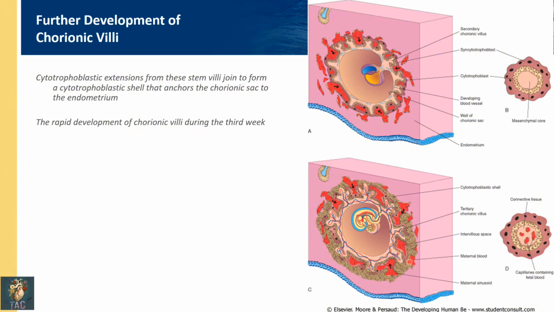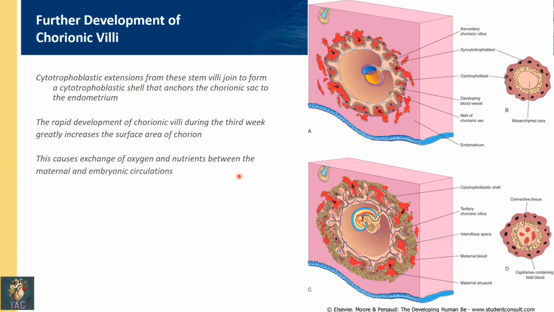They migrate from the area of the villi and come to lie at the junction of the endometrium with the trophoblastic tissue, and here they form the cytotrophoblastic shell, which helps to anchor the chorionic sac to the endometrium. So the rapid development of chorionic villi during the third week greatly increases the surface area of the chorion. This allows exchange of oxygen and nutrients between the maternal and the embryonic circulation.